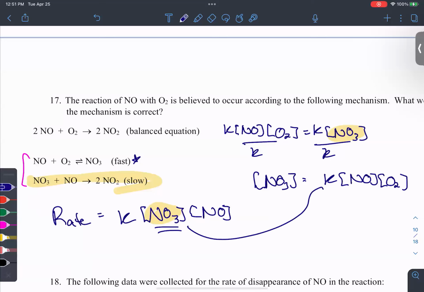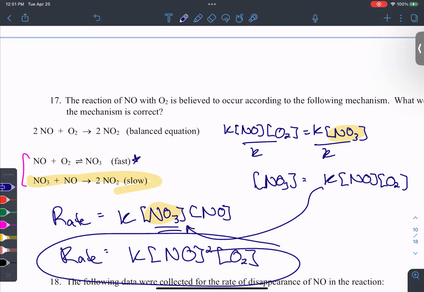And so that allows us to insert that variable into the NO3 we want to get rid of. So now we do see, in fact, that the overall rate law for this reaction is k times NO squared times O2.